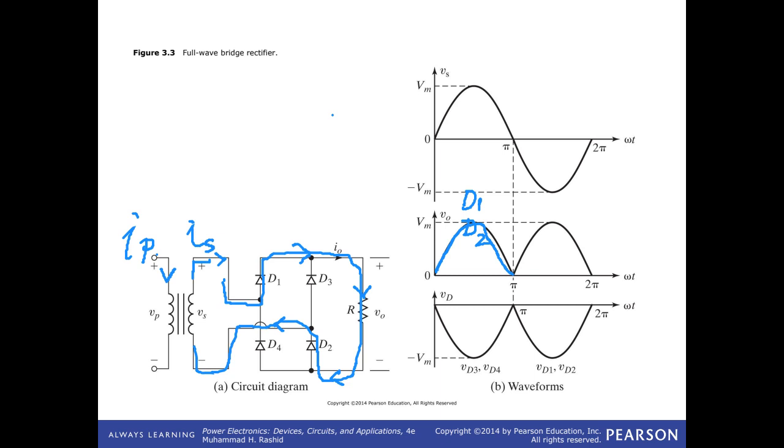Also if you look at D4, now it is connected to this point. D3 is receiving positive anode cathode voltage. D4 is also receiving a positive anode cathode voltage, since the cathode is connected to the negative point.